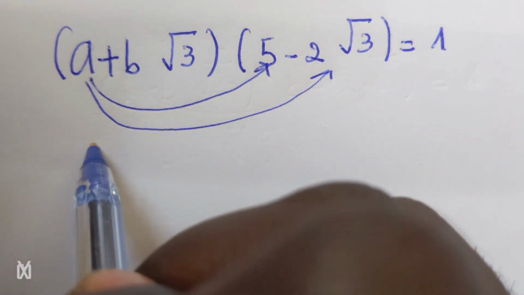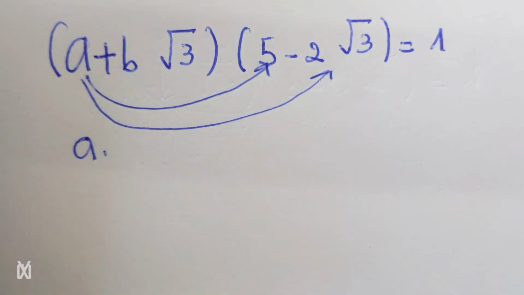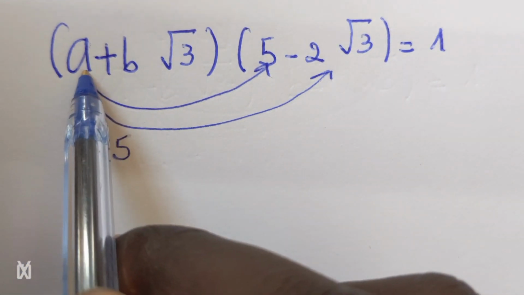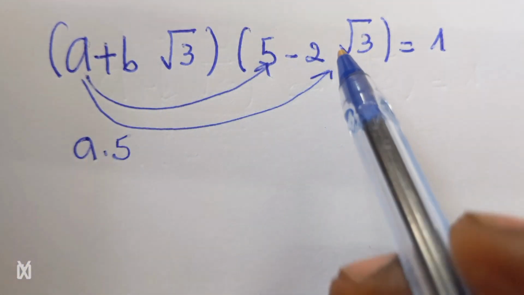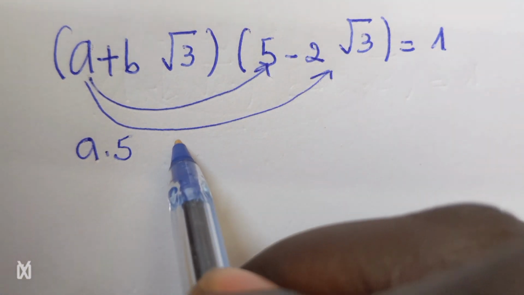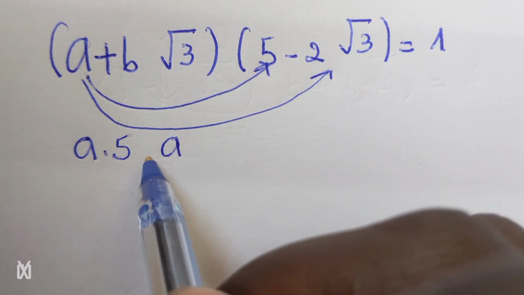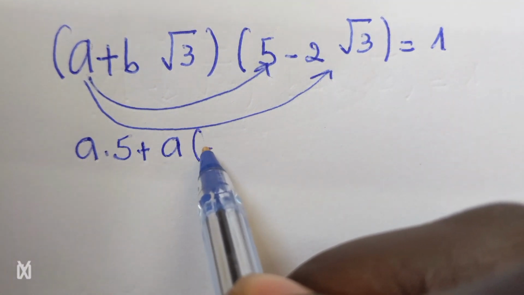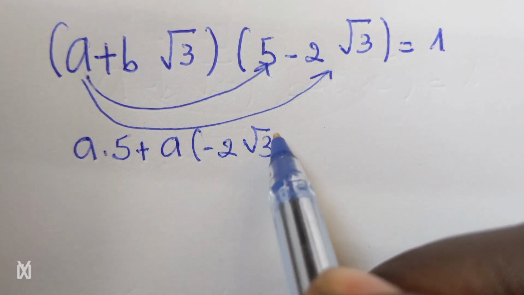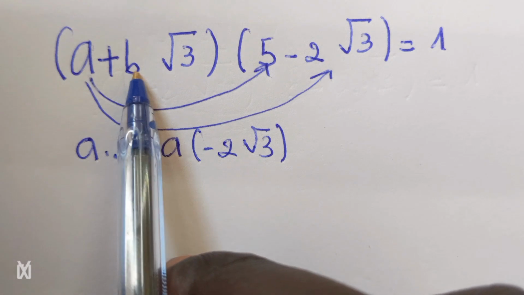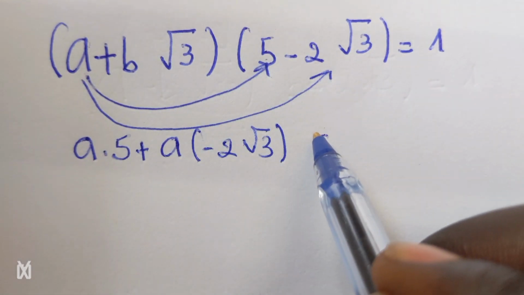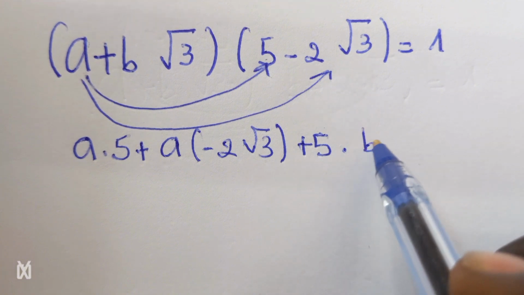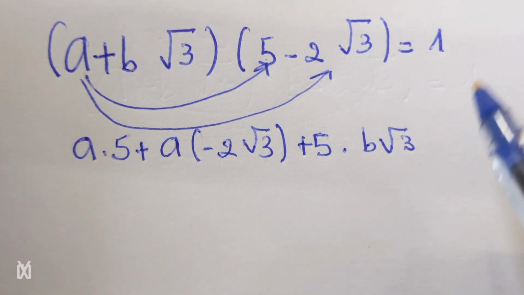Here we have a times 5, which gives 5a, then plus a times negative 2 square root of 3. Then this b is going to multiply here to get 5, so let us write plus 5 times b square root of 3.